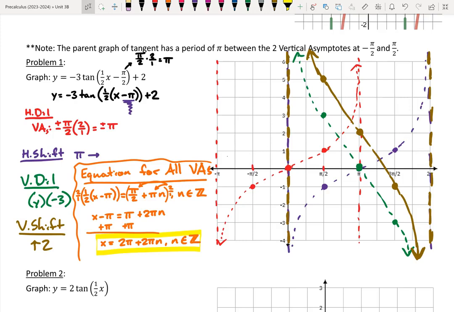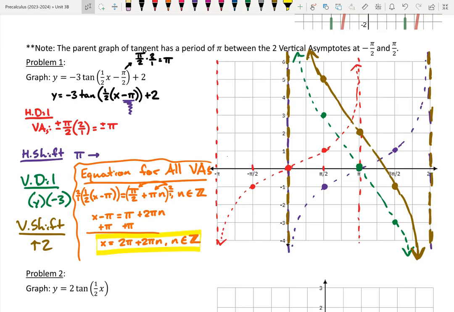So this would be like 2 pi n, so I could have 2 pi times -1, so it'd be minus 2 pi. Well, that'd be at 0, which I have a vertical asymptote. Or if I say plus a 2 pi, well, that would be over here at 4 pi, which would make sense. So we're 2 pi apart. So in a sense, we could technically get an equation just by looking at the graph, but we can also solve it this way if we don't have a graph.